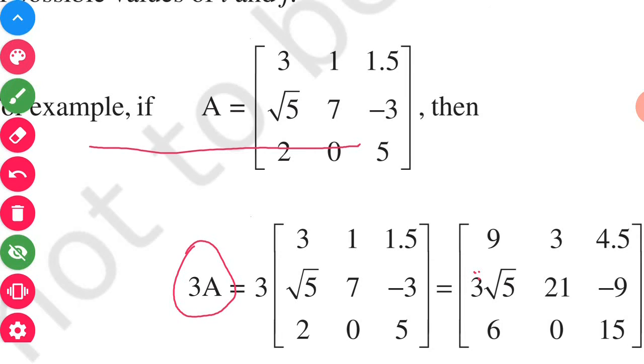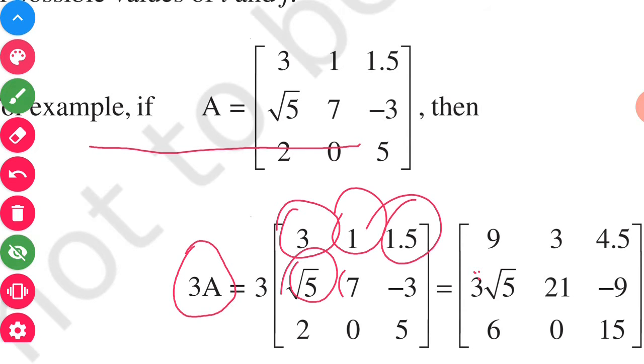So what is the meaning of multiplication of this matrix by 3? When we multiply, we shall multiply each element of the matrix by 3. This is the meaning of multiplying a matrix by a scalar.